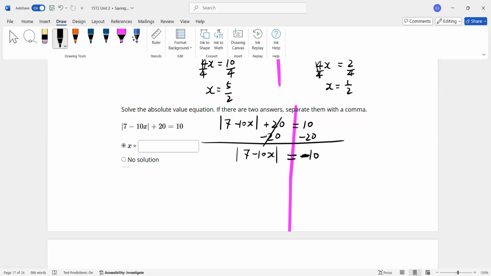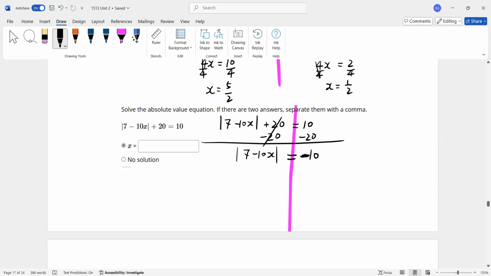All right, guys. Help me out here. Now we have the equation in one of the 3 basic forms. Left side of the equation, absolute value of an expression in x, absolute value of star, right? Right side of the equation, -10. What do you think? Is it just no solution?